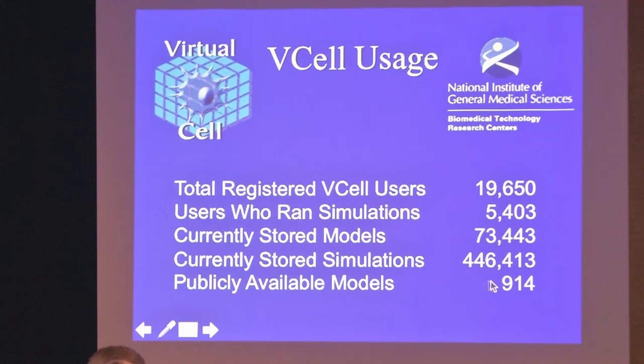The publicly available models, the ones anybody can look at, number 914. Those are usually based on papers that people have published.